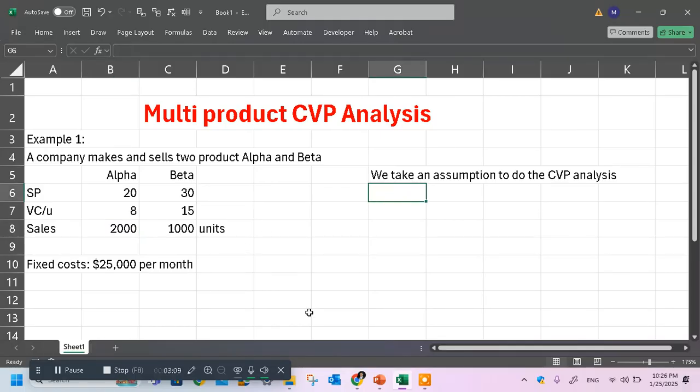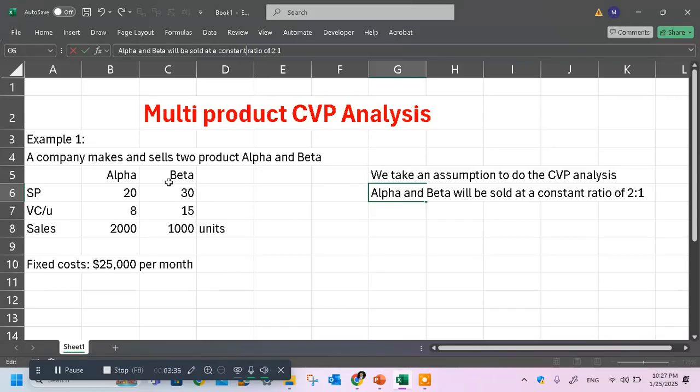So we are going to assume that alpha and beta will be sold at a constant ratio of 2:1. What does that mean? If you sell 2 units of alpha, 1 unit of beta will be sold.